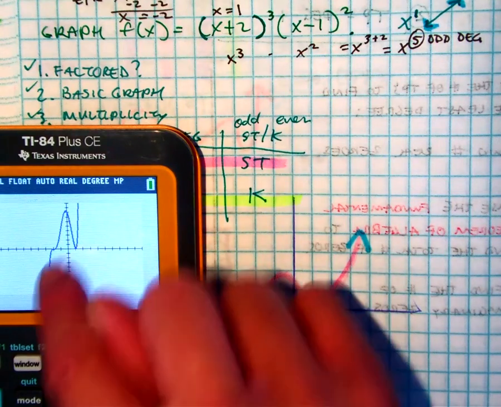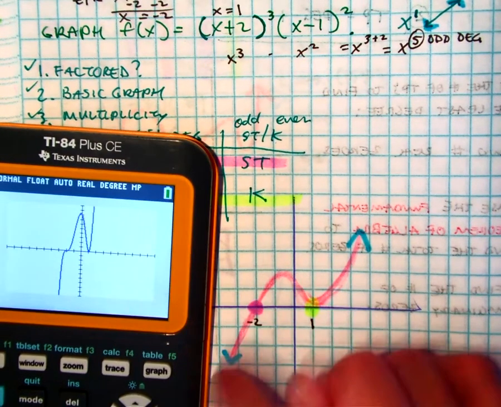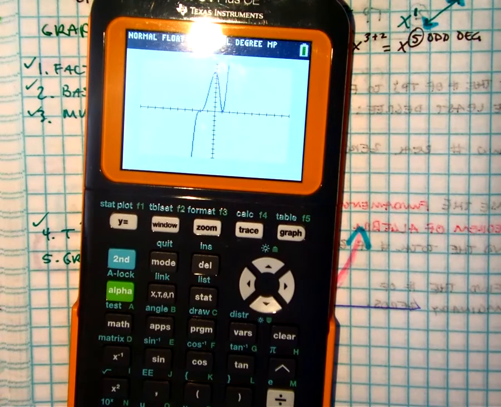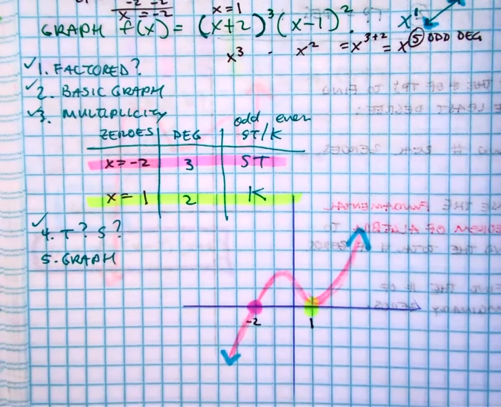There is our shoot through, and there is our bounce or kiss. Okay? So class, can you use your graphing calculator next quiz? No. If you've been dependent on the calculator passing the class for you, it's here to support you to pass the class.